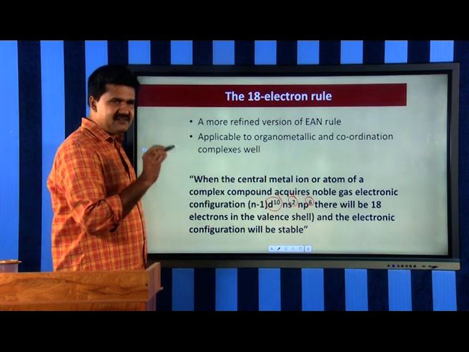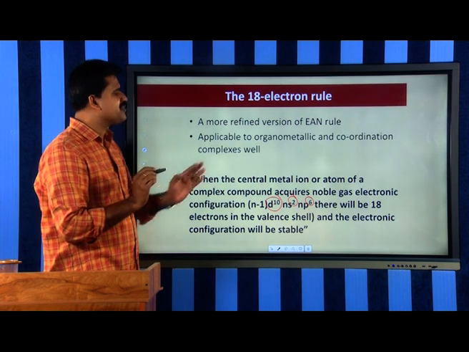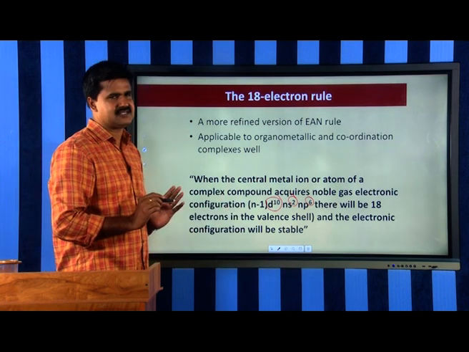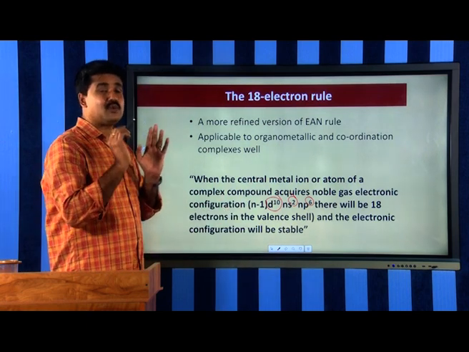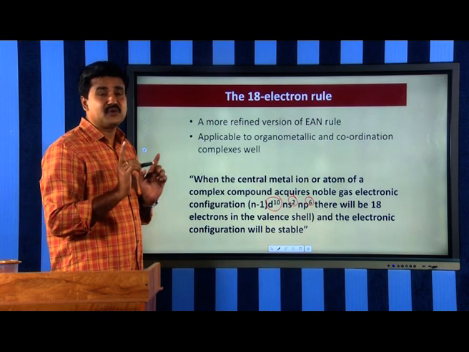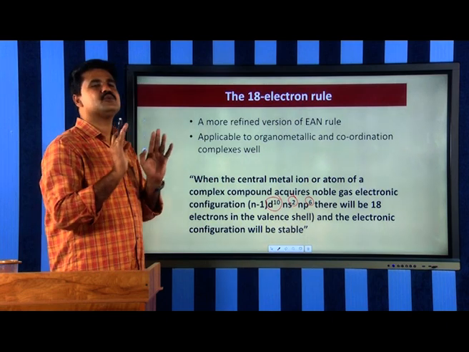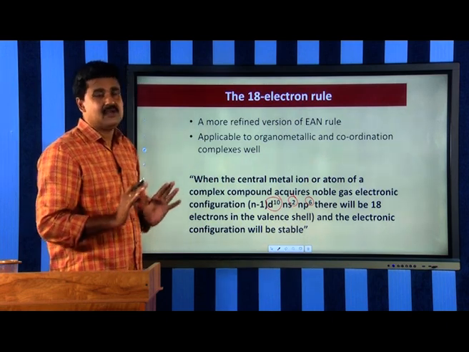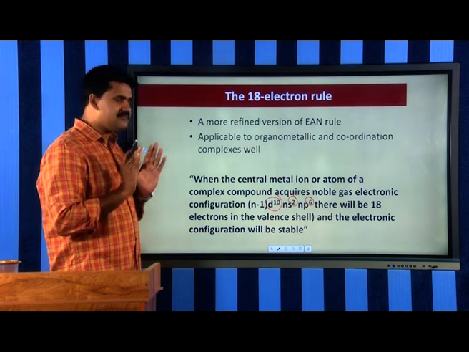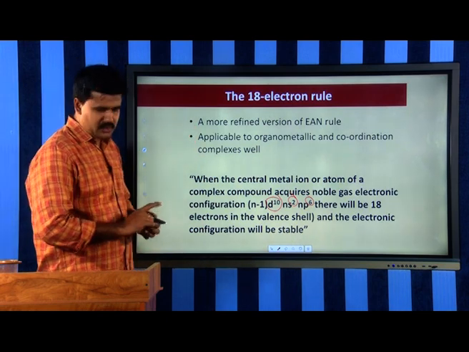So, whenever the central metal atom or ion acquires the 18 electron arrangement by this configuration, the complex or organometallic will be highly stable. If a compound is stable by the 18 electron rule, definitely it obeys the EAN rule also, because the 18 electron rule is the refined version of the EAN rule.